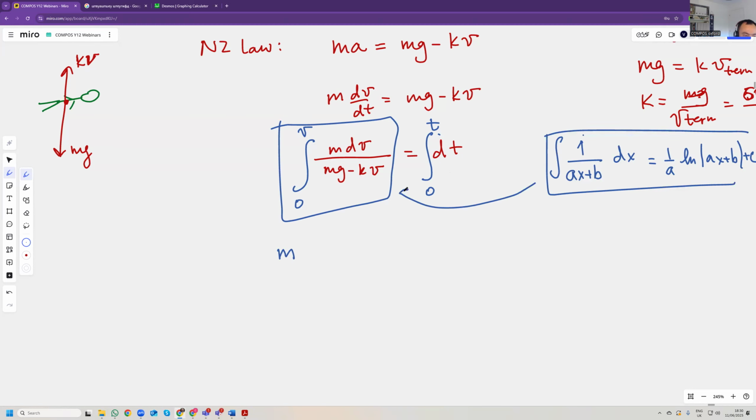So it's m divided by minus k, logarithm of mg minus kv, between limits 0 and v. And mg will be greater than kv, because kv starts at 0 and increases up to mg. So this would be a positive value, and that's equal to t.